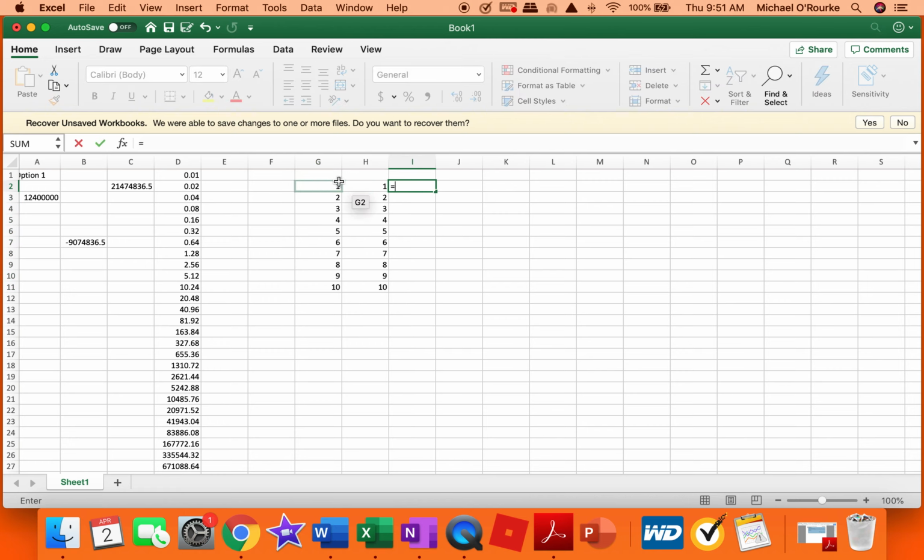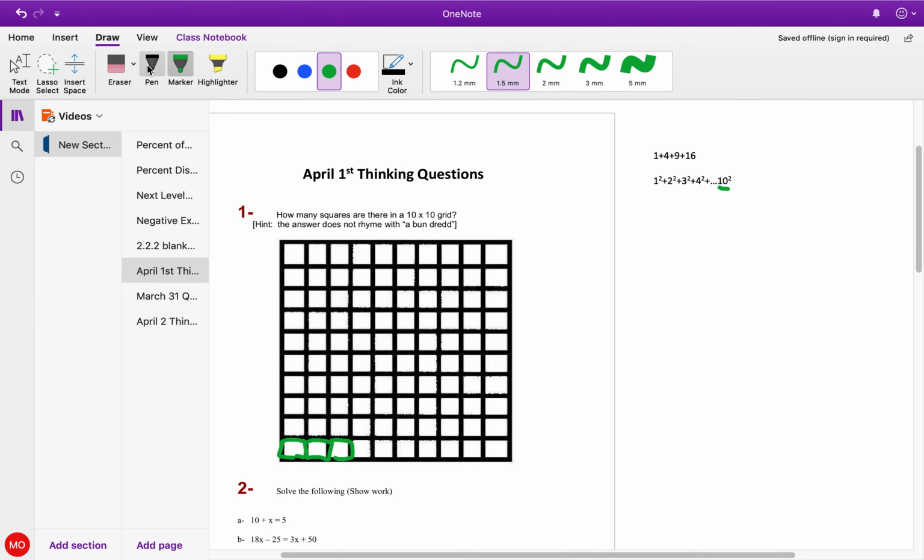It says multiply this cell by that number. So there's all the squares of everything. As you can see, 6 times 6 is 36, 8 times 8 is 64. Then we add all those up, and there's our number, 385 squares altogether. I haven't marked everyone's yet, but I'd be very impressed if anyone got that.